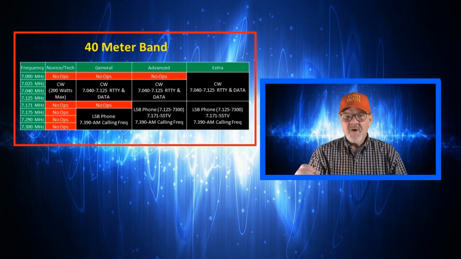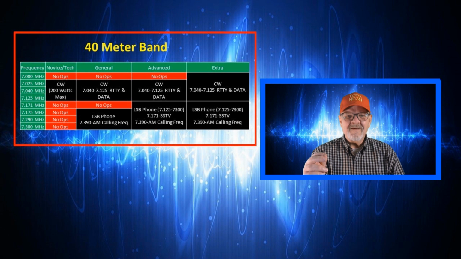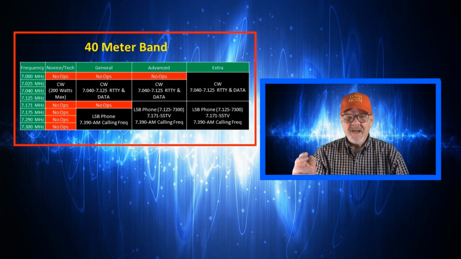Generals have CW and data privileges at full legal power from 7.025 to 7.125 megahertz, and SSB phone privileges, again at full legal power, from 7.175 to 7.3 megahertz.